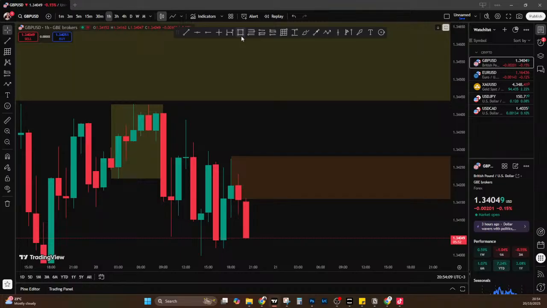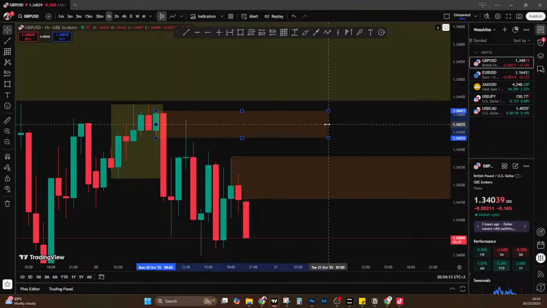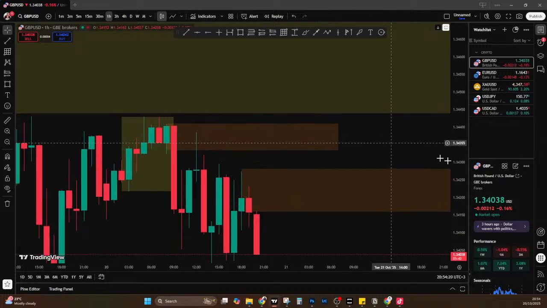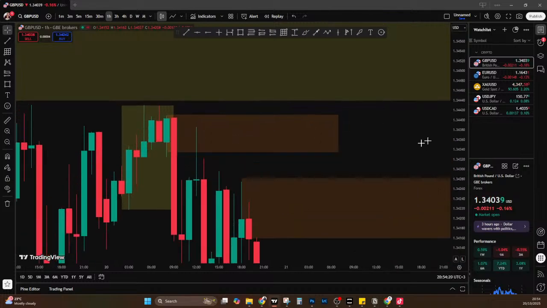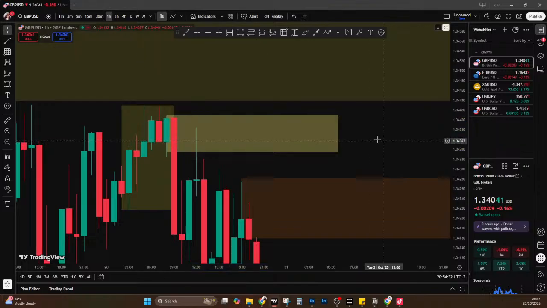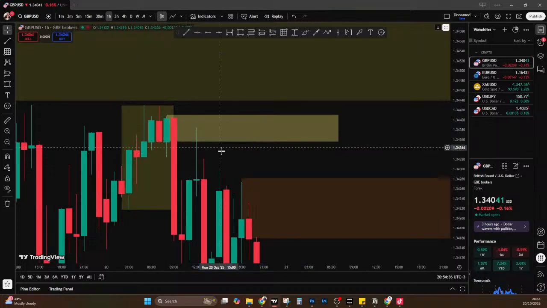If you look, this order block was retested by this week. So as we said, money left this order block to this week.